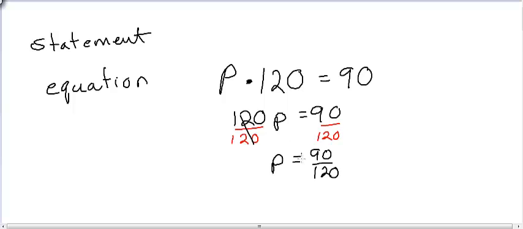I can divide into 90 and 120. 30 into each. And doing so leaves me with 3 over 4.